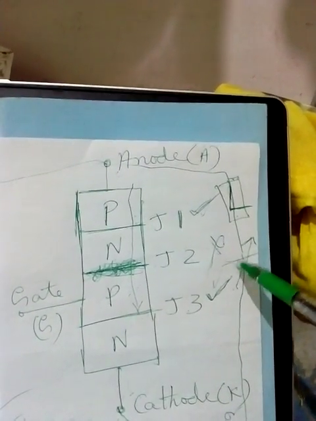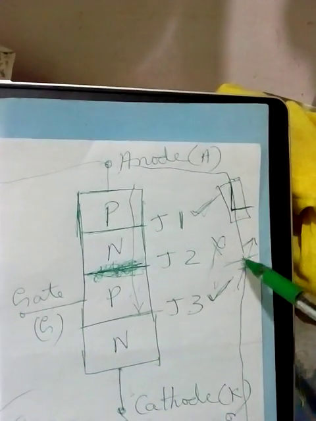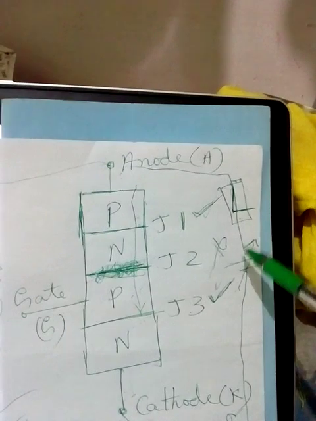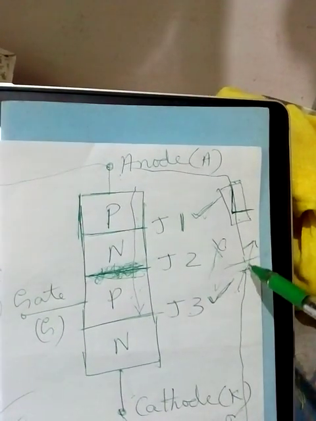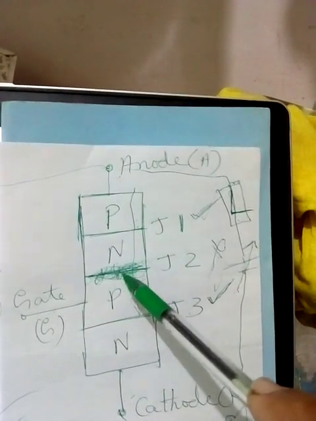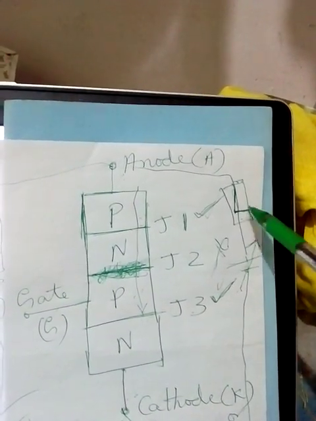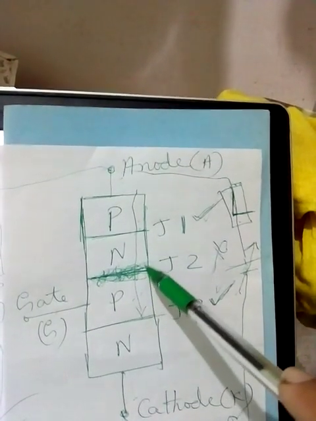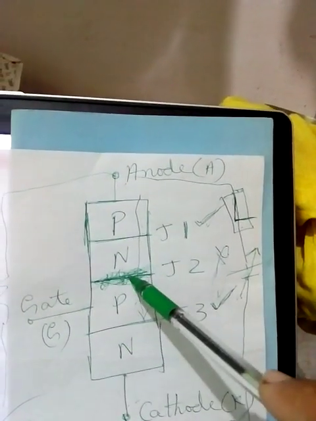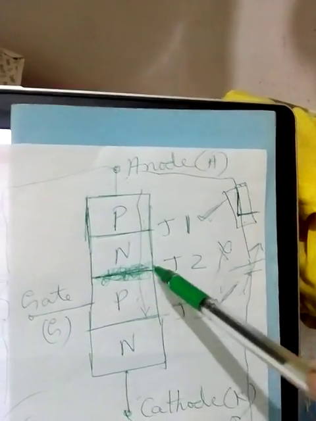Say this is around 500 volts. Initially, when this is in off state, the 500 volts will be here. When this conducts, of the 500 volts, 1 volt will be here, across all these three junctions totally.